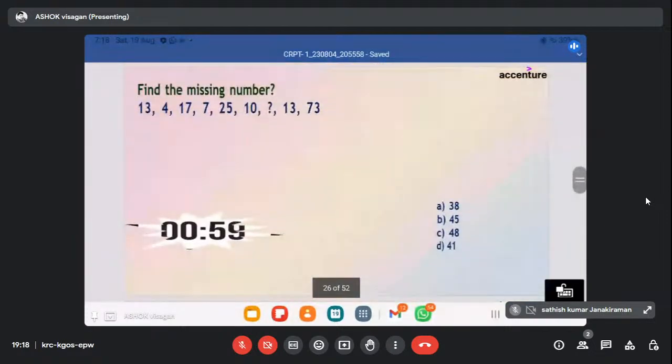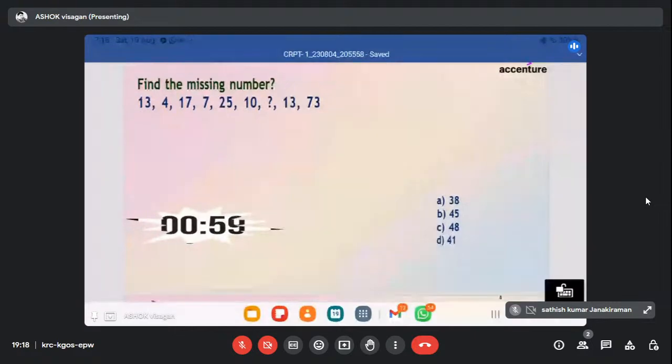So here what is the missing number? 13, 4, 17, 7, 25, 10, question mark, 13, 7, 3. Any guess for this question?